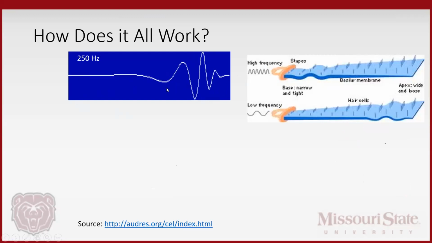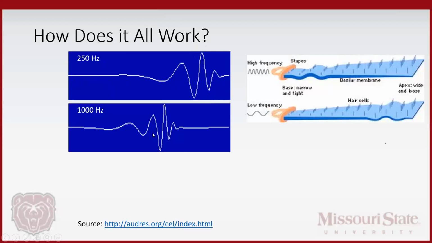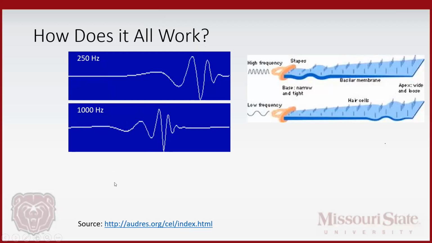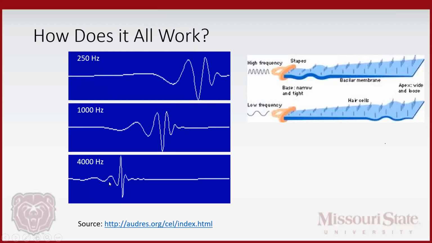He was able to observe what's happening in cadavers, looking at different frequencies and where they peak on the basilar membrane. So at 250 hertz, we can see this is more toward the apex. 1000 hertz is more toward the middle, and then the higher frequencies are going to be closer to the base.